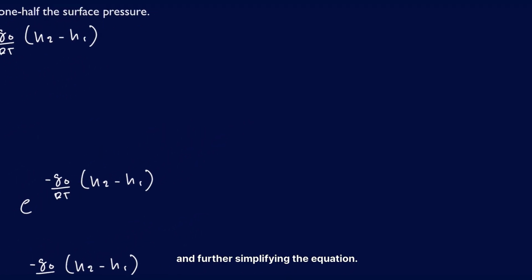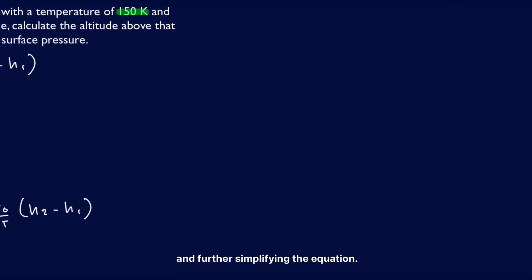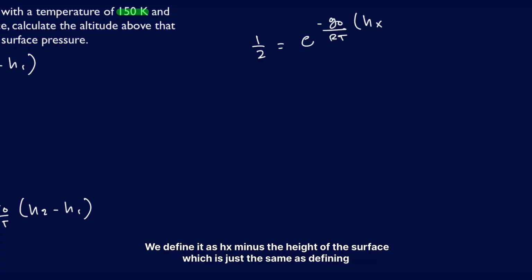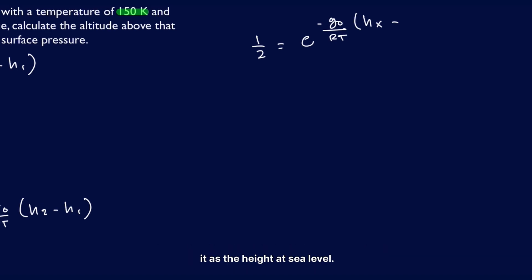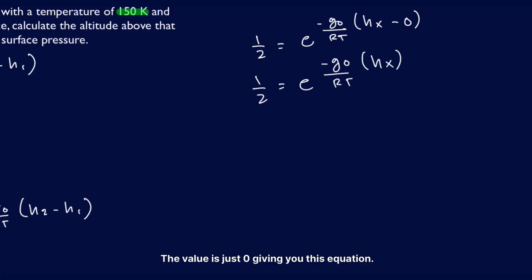And further simplifying the equation, we get, we're looking for that height, let me define it as hx, minus the height of the surface, which is just the same as defining it as the height at sea level. And the value is just 0, giving you this equation.